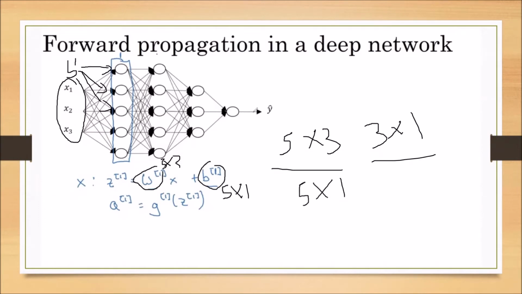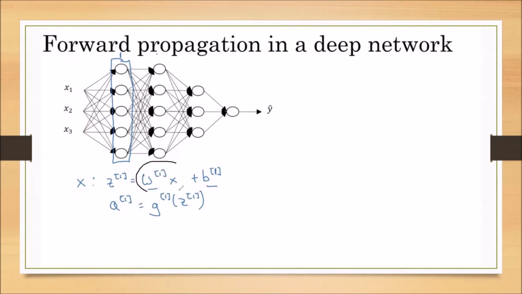We add a 5 by 1 matrix with another 5 by 1 matrix, so the resultant Z matrix is also 5 by 1. What is this Z matrix? It is the Z of the first layer activation units.